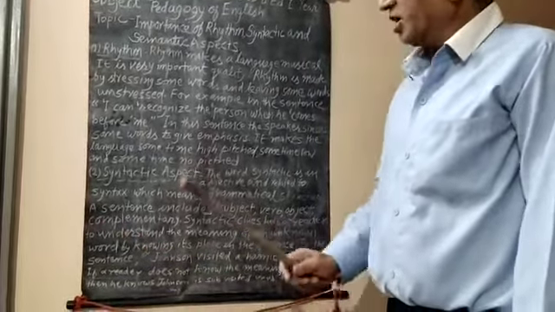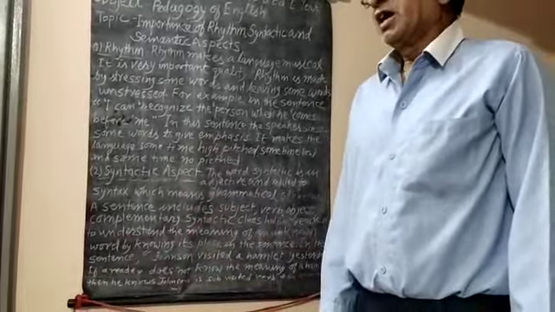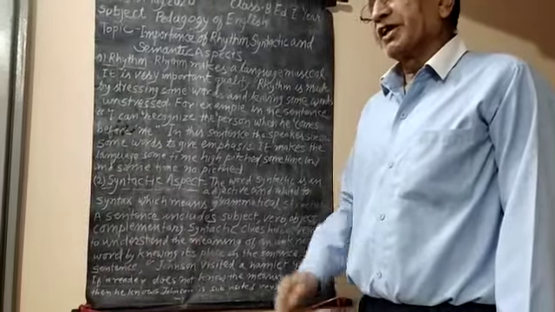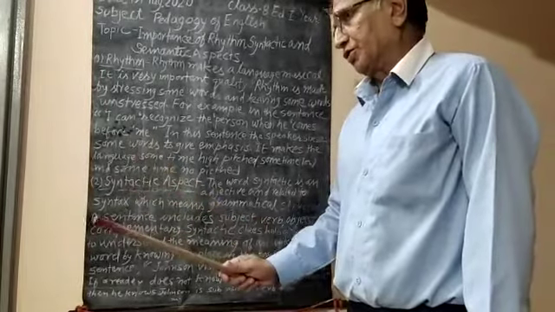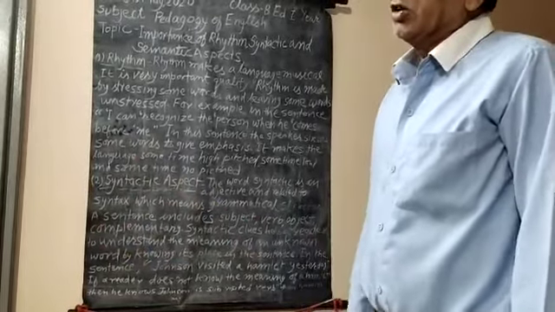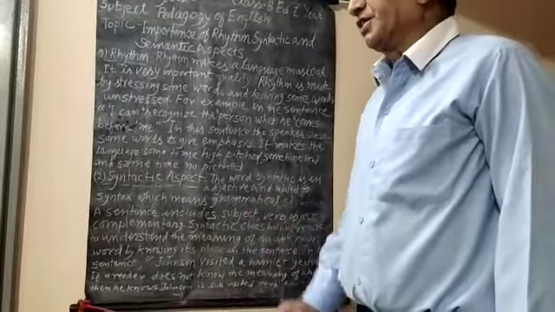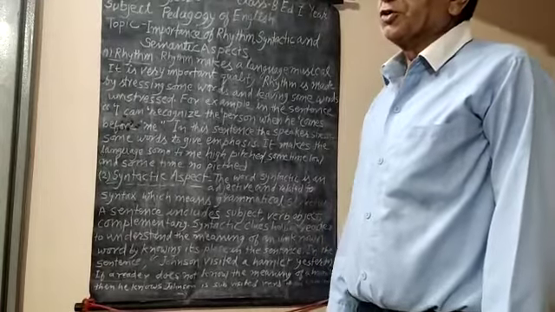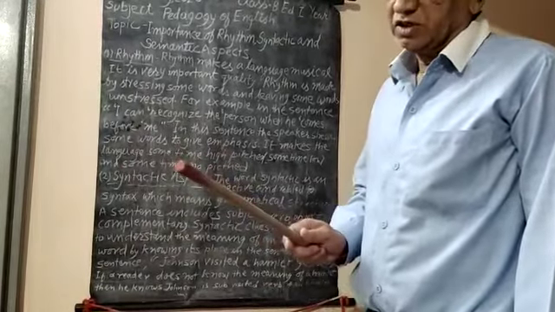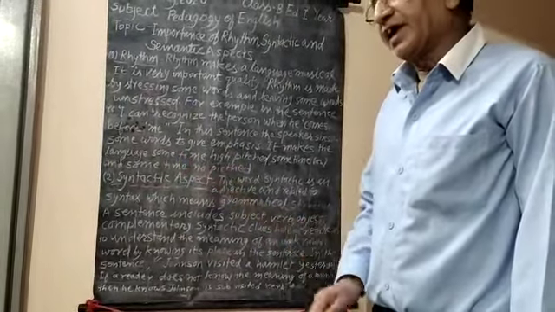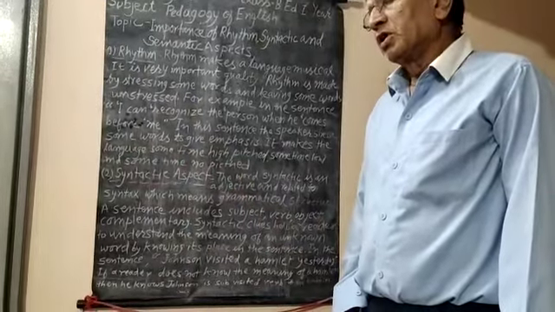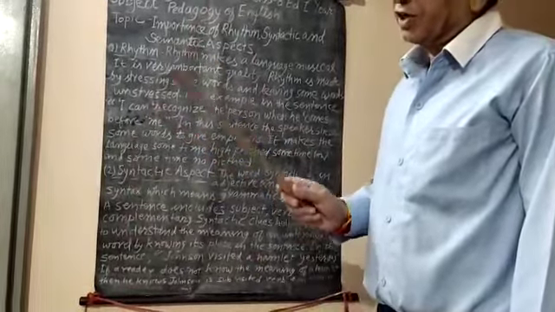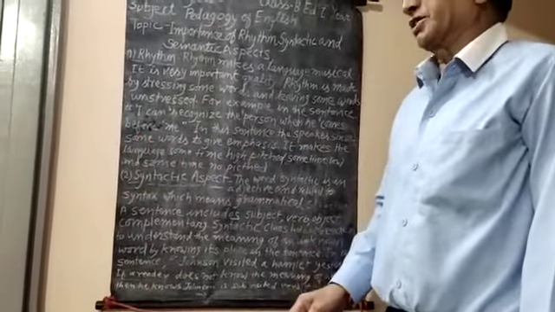And syntactic aspect says that every sentence is made of certain grammatical rules, and when a reader is reading and in a sentence he does not know the meaning of a word, then he can get the clue from the place of the word, where the word is placed in the sentence.